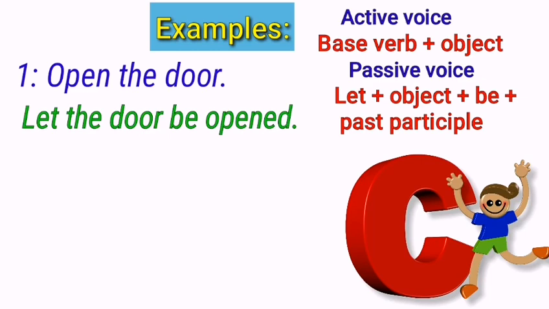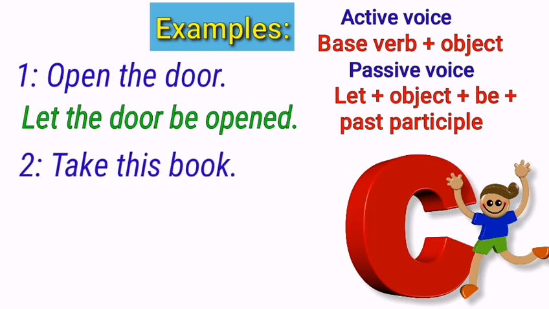So you can see, first we have used let, then the object, which is the door, and then we use be, and then the verb is open, but we have to use the past participle of it, so the past participle is opened. You can see, we have changed it with this formula. Look at another example.